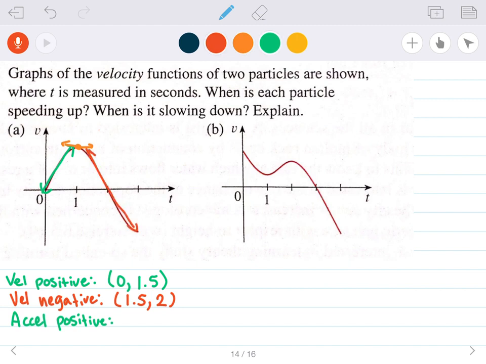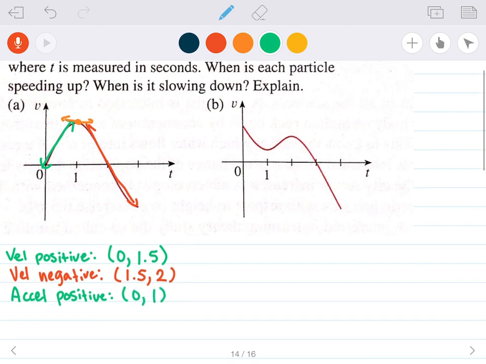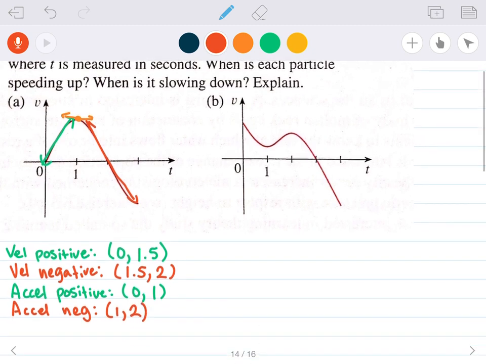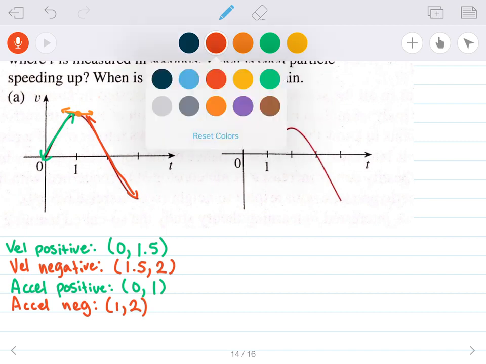So where's acceleration positive? It looks like it's positive from 0 to about 1, and it looks like it's negative from 1 to about 2.